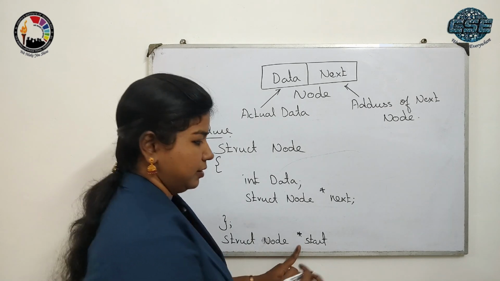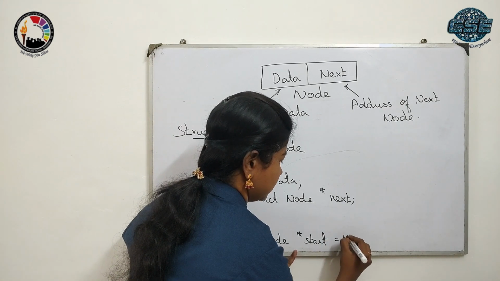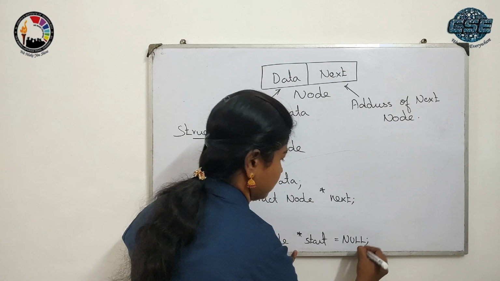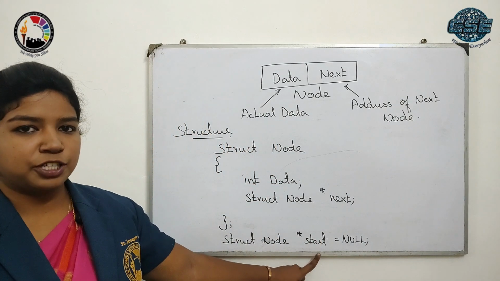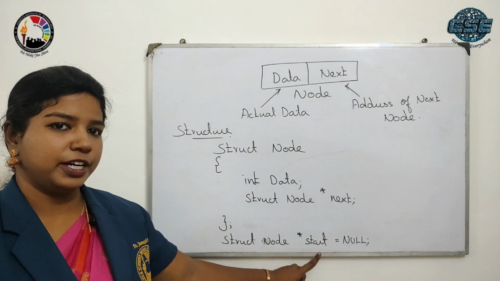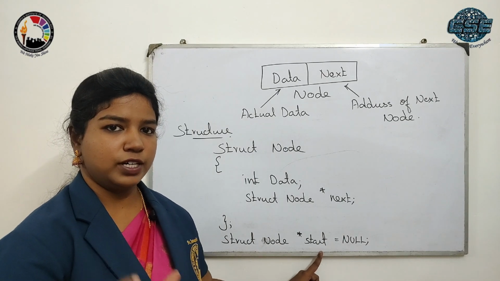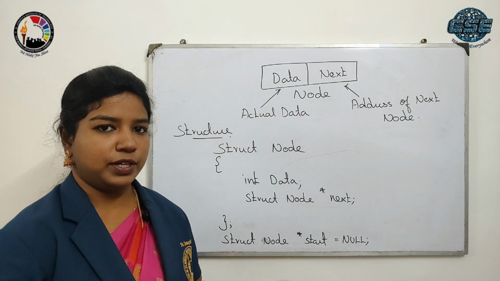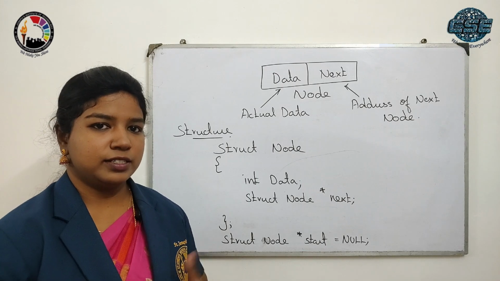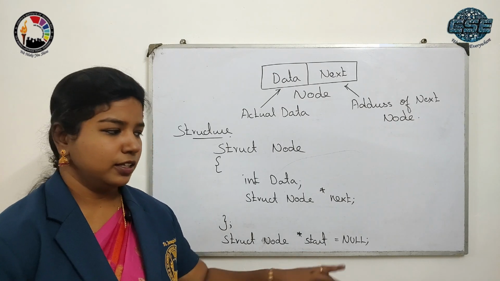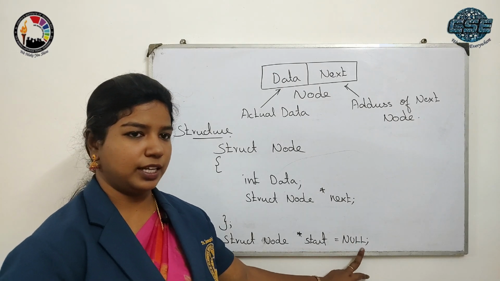So start is equal to null. The start actually points to the address of the first node in your linked list, but initially, since there is no linked list, your start will be pointing to null value.